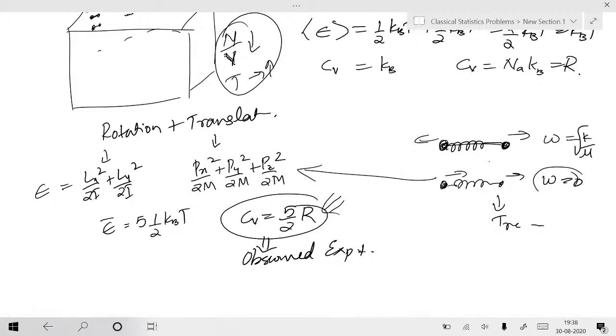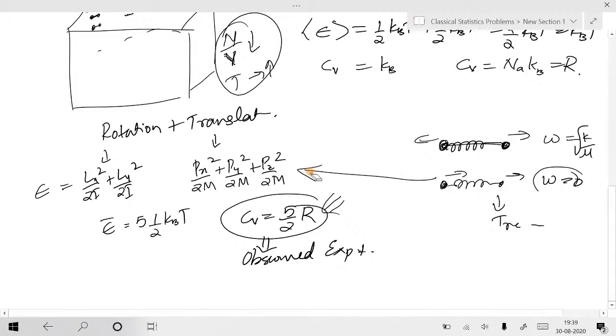I can send you the links from where I got 7 by 2 R. Which page? I'm not sure about the page. You said it's from Reif, and Reif also says that at higher temperature this vibrational degree of freedom will contribute 2 degrees of freedom, that is kBT itself.